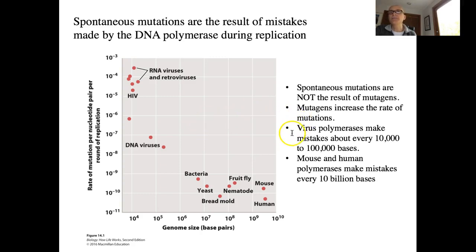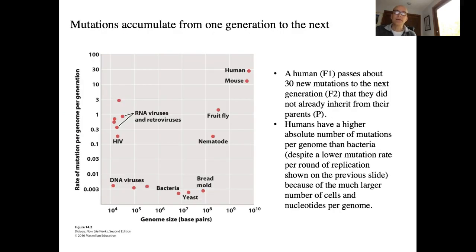In addition to that, virus polymerase seems to make mistakes only every 10,000 to 100,000 base pairs, but polymerases in humans and mice and other multicellular organisms seem to make mistakes much less frequently. So it appears that the polymerase is just more faithful.